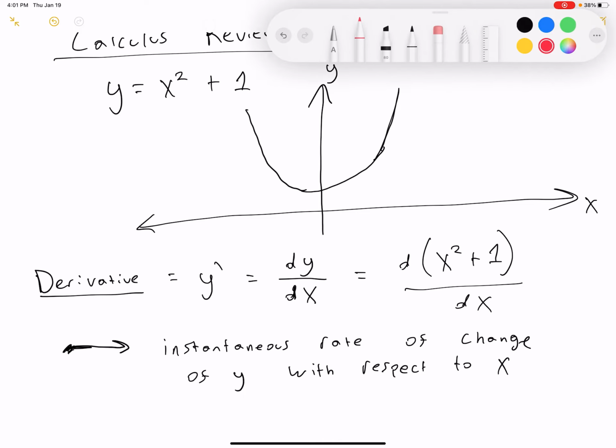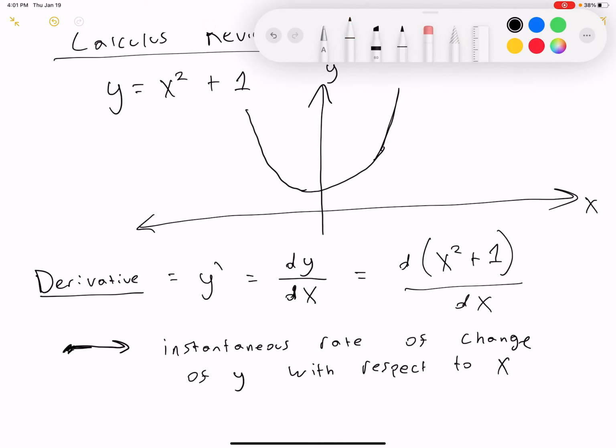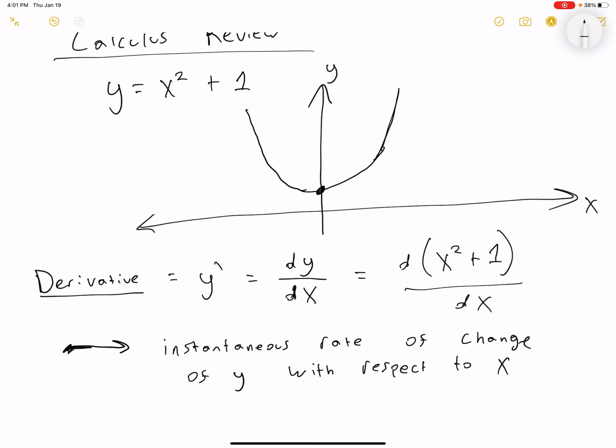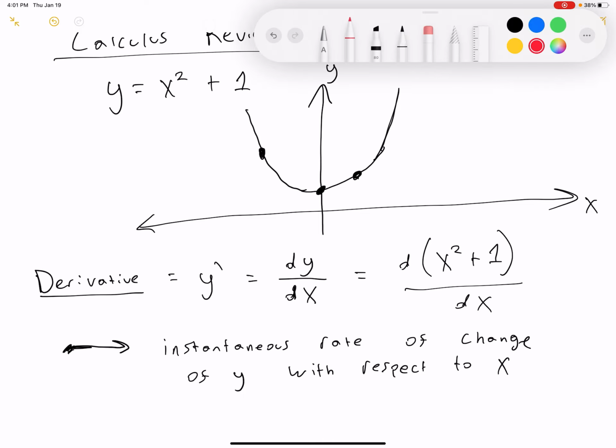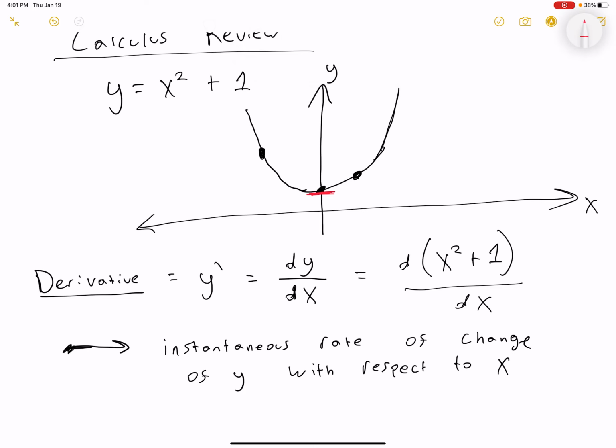So for example, let's look at just three points on the parabola, one here, and one up there. So here, the slope is going to be equal to 0, because the slope of that tangent line is 0.